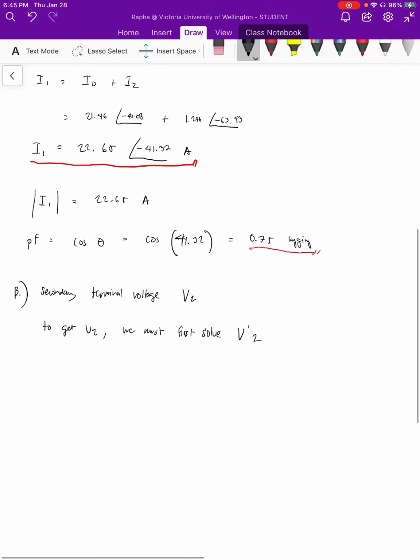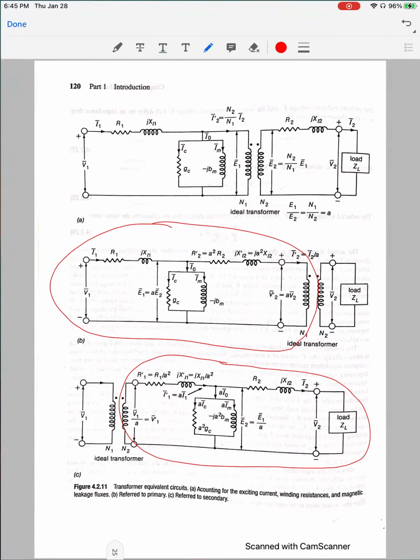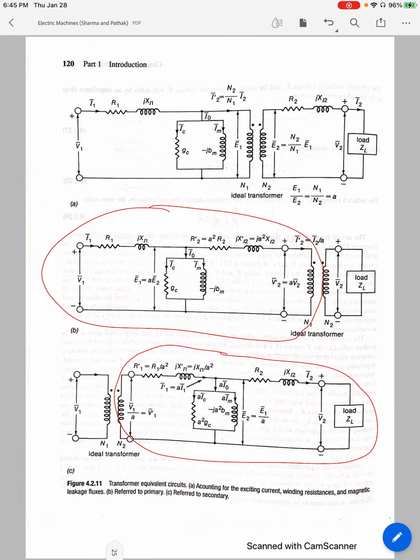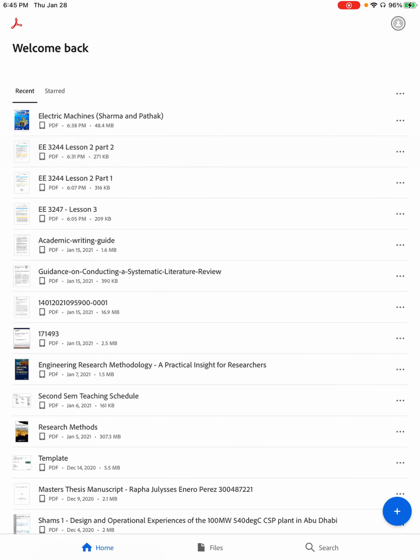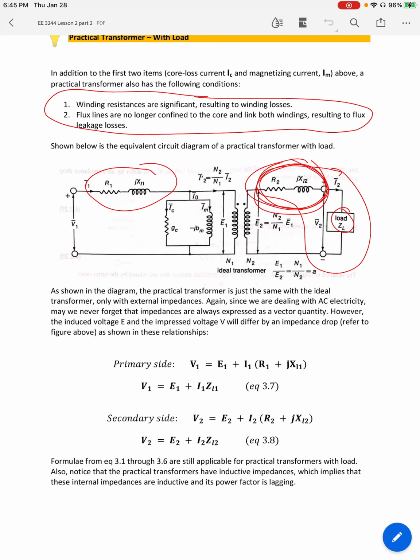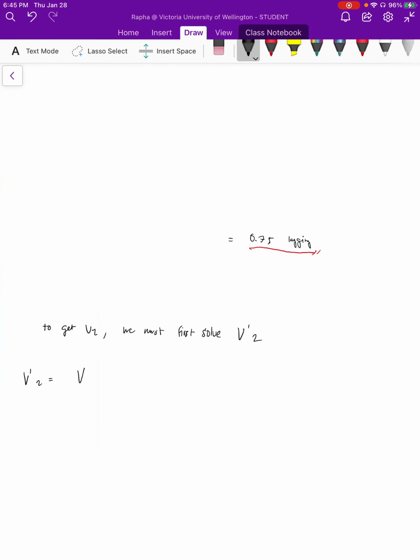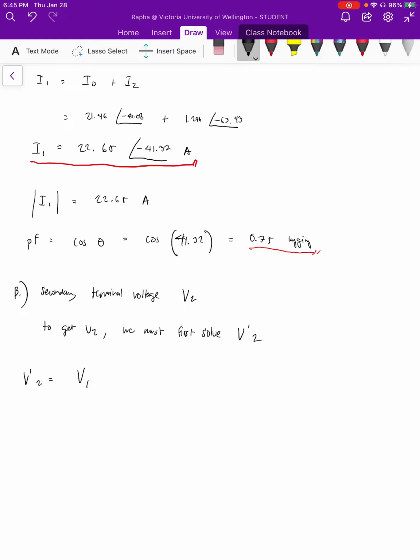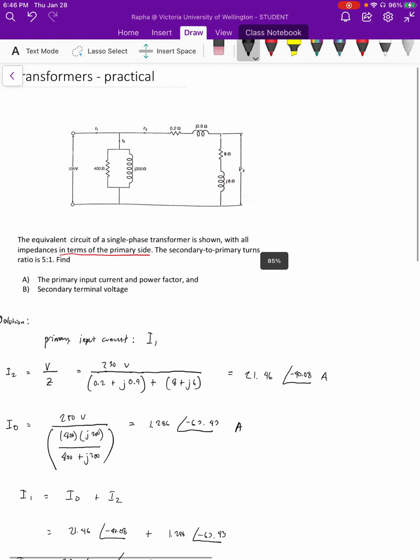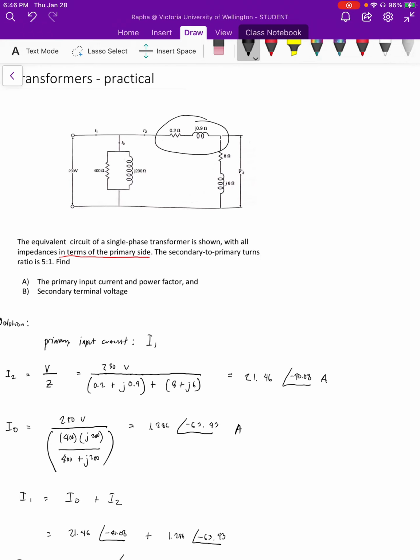Then V apostrophe 2 is equal to, let's go back to the equations 3.7 or 3.8. Equation 3.7: V1 is equal to V1 minus I2 times this impedance, because it causes a voltage drop.